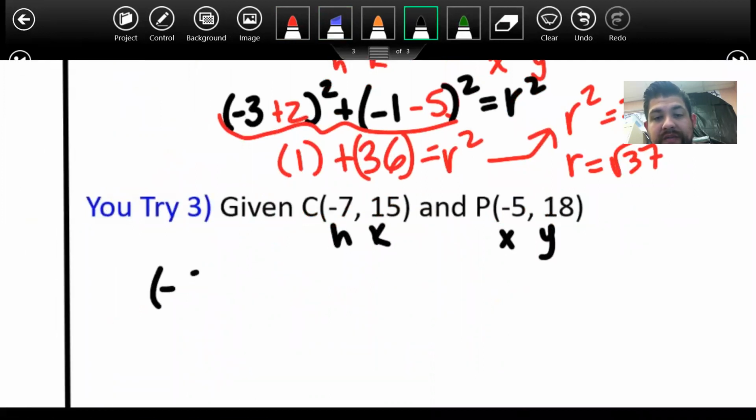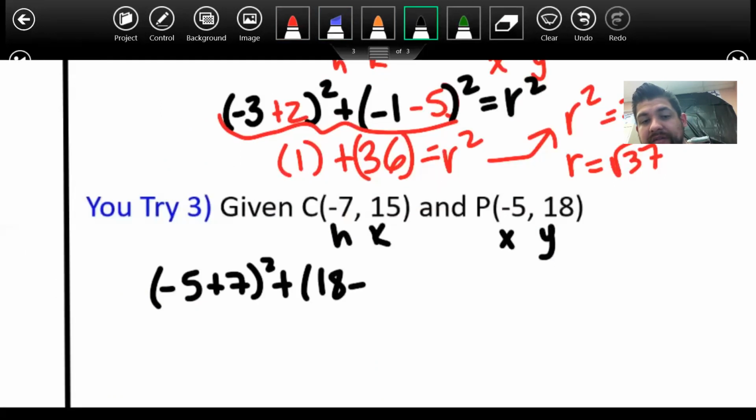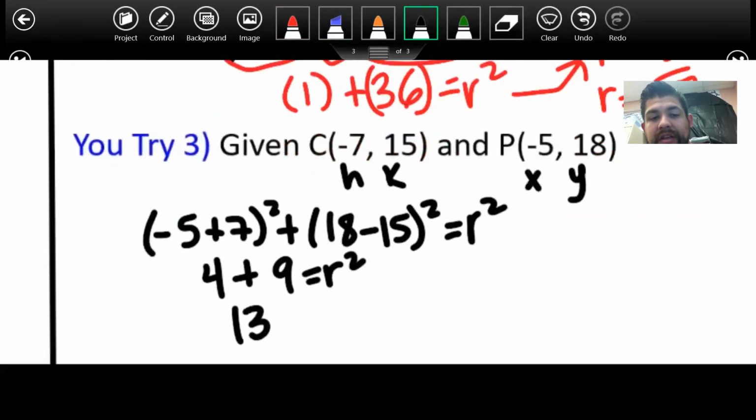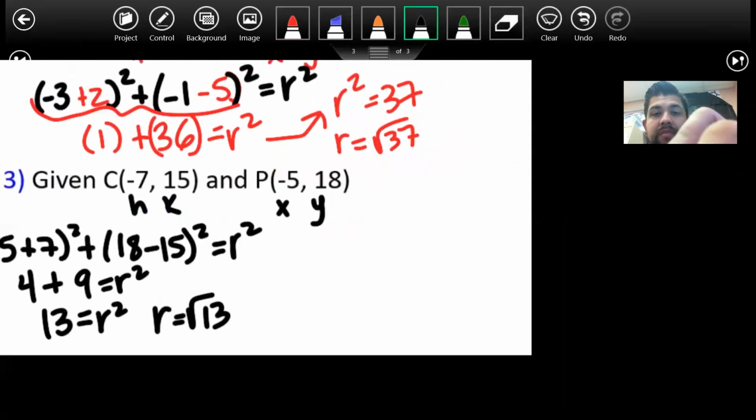My point is -5 plus 7 because I'm using my opposite point, plus y 18 minus 15, always using the opposite point, is equal to r squared. I'm going to get 4 here. I'm going to get 9 here is equal to r squared. I'm going to get 13 is equal to r squared. R is equal to the square root of 13. And all we're going to really do is plug this back in.